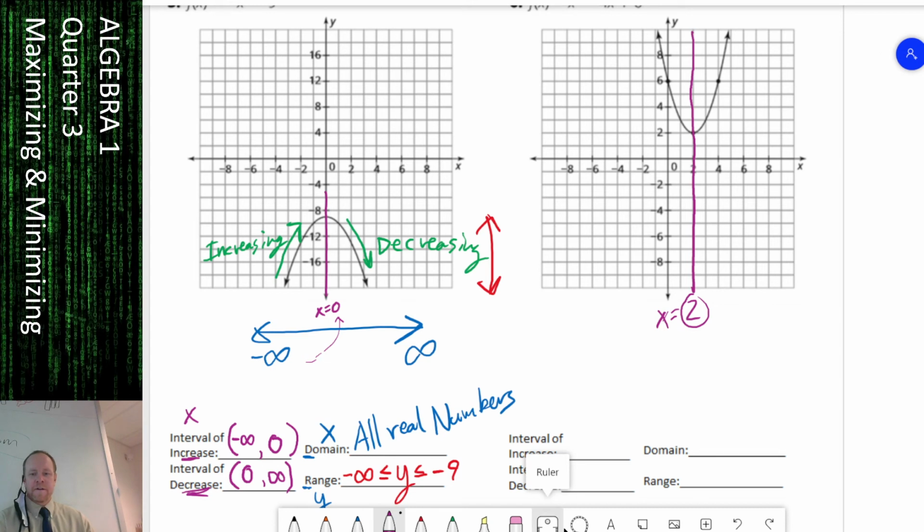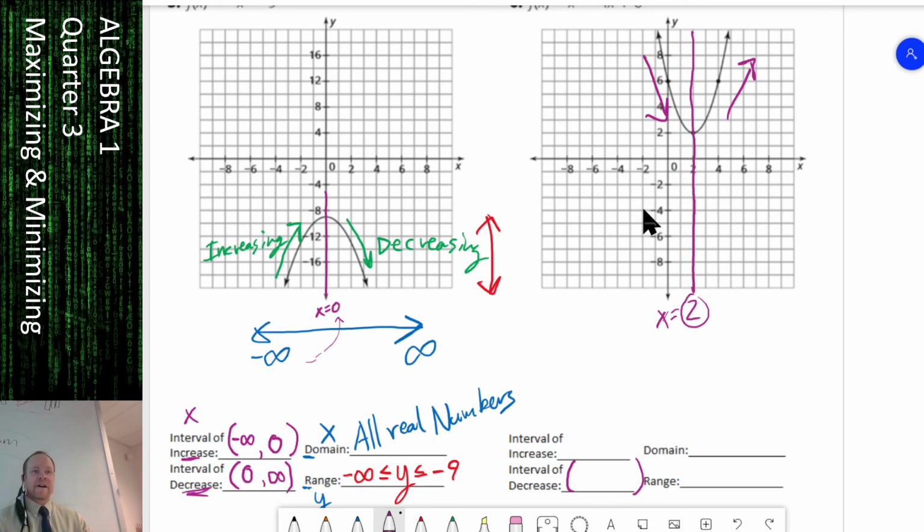And we're going down on this side. We've got our interval of decrease over here and our interval of increase over here. Since starting off on the left side of the graph it's going down, I'm going to start off with identifying my interval of decrease.